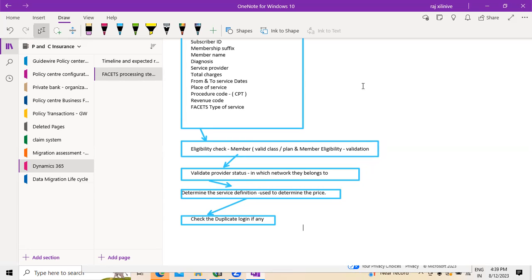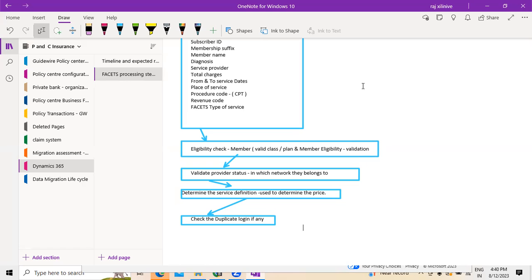Whenever there is a login process of that particular application we are updating, there must be a login process which we have to see. At the same time, we have to see the claim scrubber, right? Through the claim scrubber, we have to see whether there is any duplication of entries for that particular thing or not.